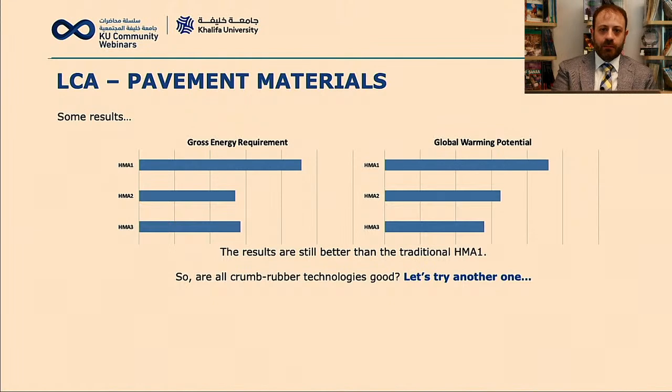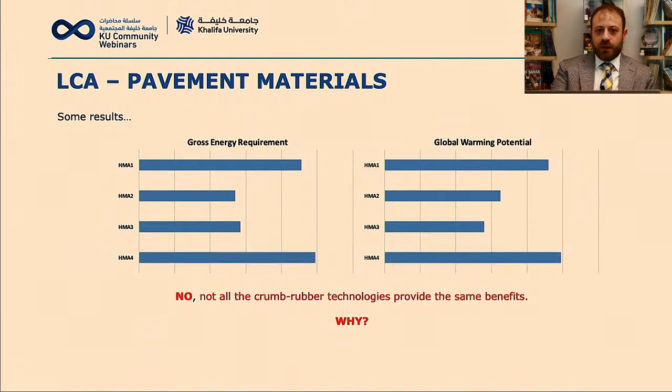And this is HMA4. You see here that the HMA4 has higher gross energy requirement and higher global warming potential than a traditional HMA. So usually my students say, how come we are still using an industrial byproduct, we are still using a waste? Why are the gross energy requirement and the global warming potential now higher than a traditional HMA?